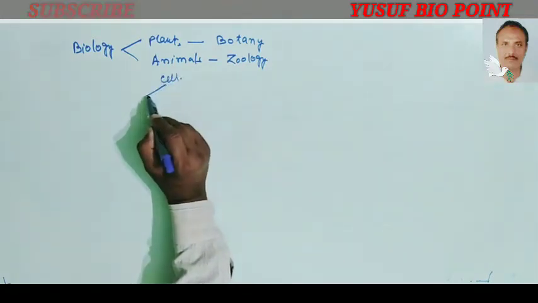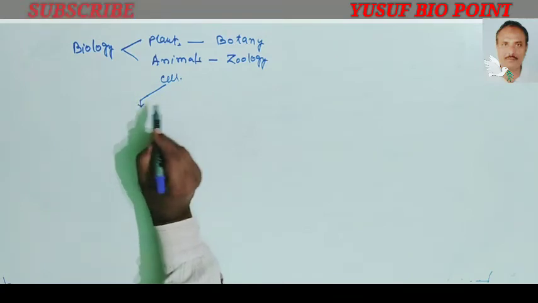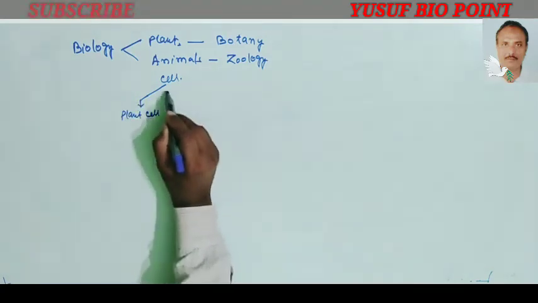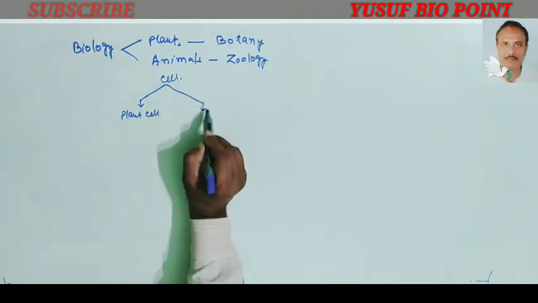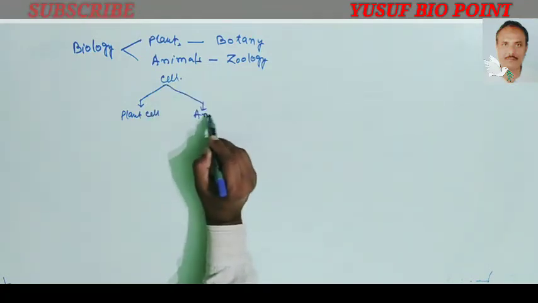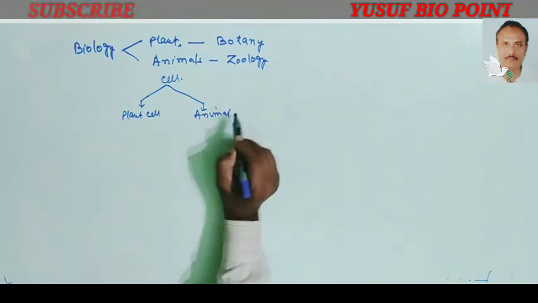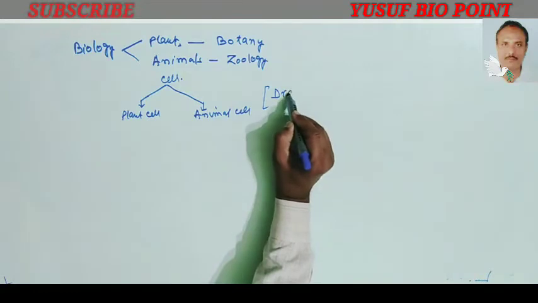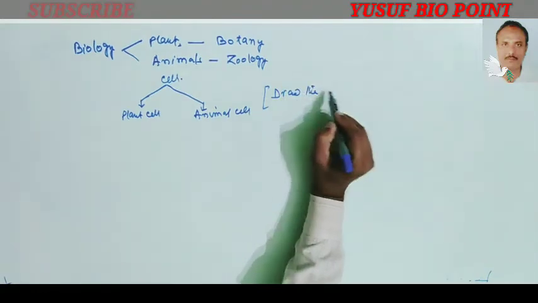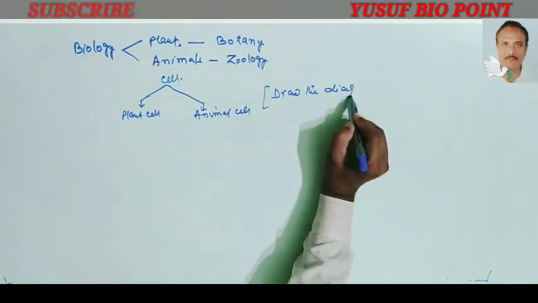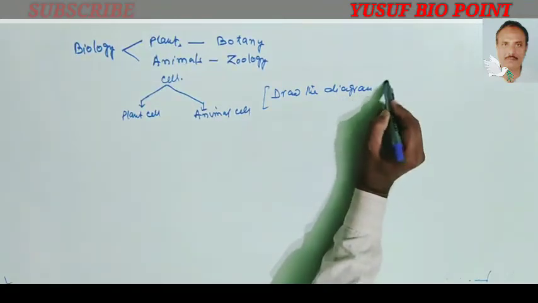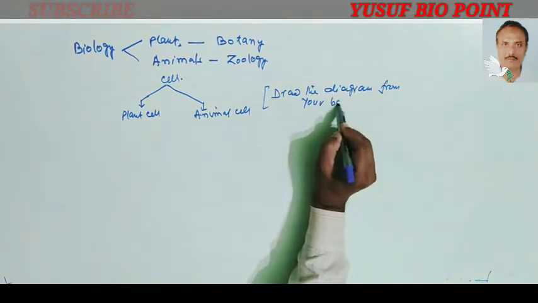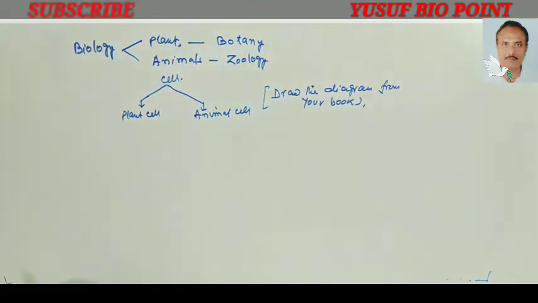One which is found in plants is known as the plant cell, and one which is found in animals is known as the animal cell. One thing: draw the diagram from your book.